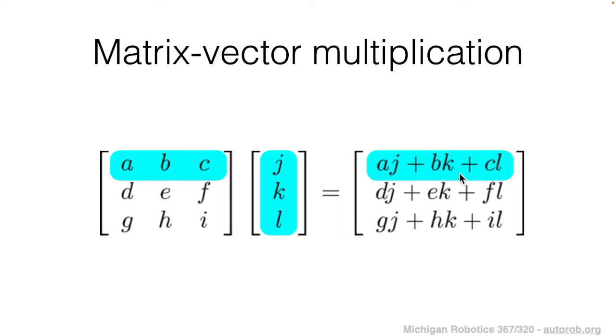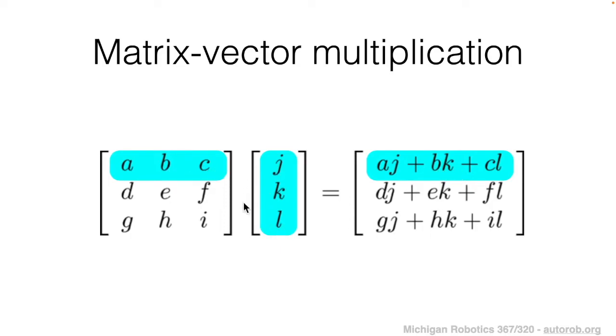In other words, the first element in our output vector is going to be A times J plus B times K plus C times L. Once again, you can think about that as scanning down the row and scanning down the column in a corresponding fashion. A and J are the first element of the first row of the matrix and the first element of the vector. B and K are the second elements respectively.